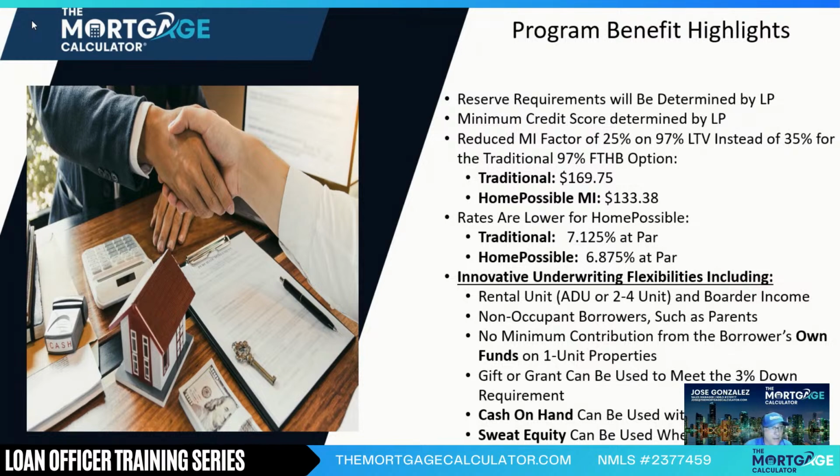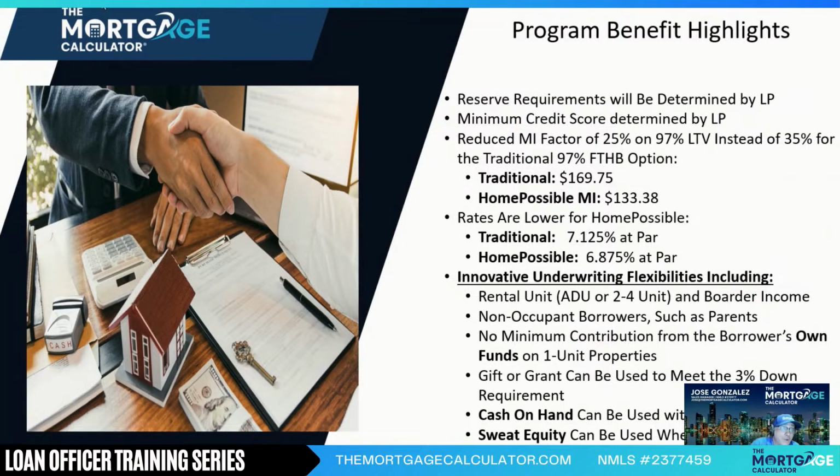I will break it down in the next slide because I know that piques your interest, because many people have an ADU or a boarder and haven't really been claiming it on their tax returns. There's no Schedule E to show that, but we do have ways around that, which I'll show you in a minute. And then we can have non-occupant borrowers or co-borrowers, such as the parents, for example.